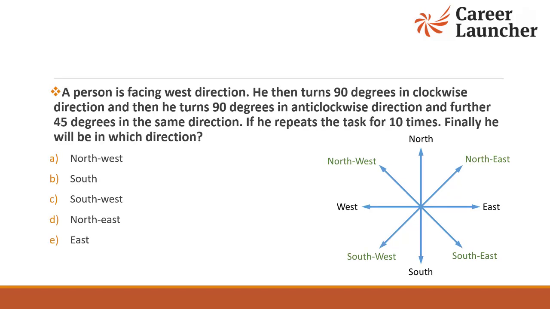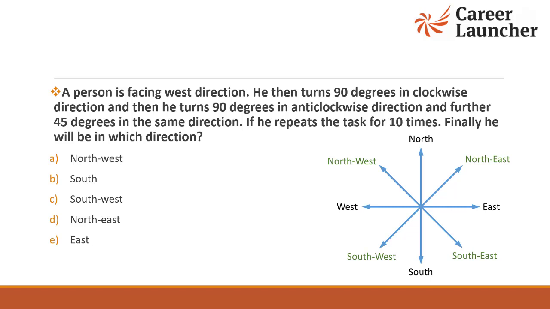Now this question is an extension to the previous question. Same data has been given. A few things have been added here. A person is facing west direction, he then turns 90 degrees in clockwise direction, and then he turns 90 degrees in the anti-clockwise, and further 45 degrees in the same direction. This is same as the previous question.